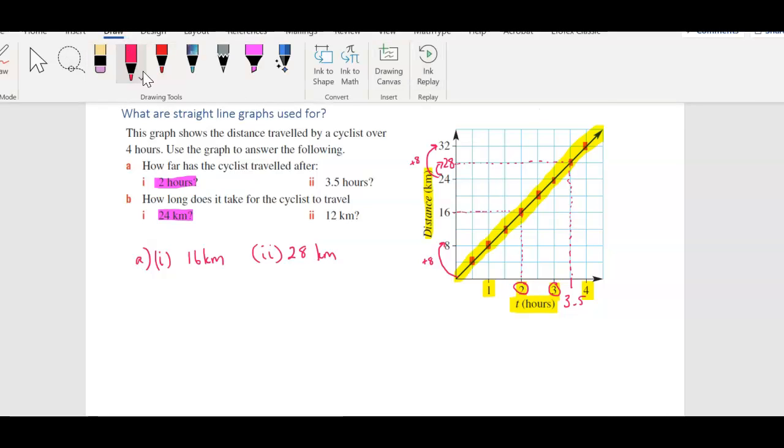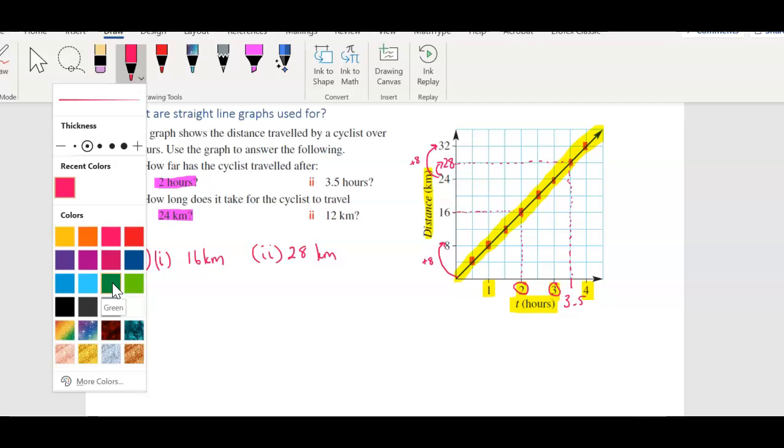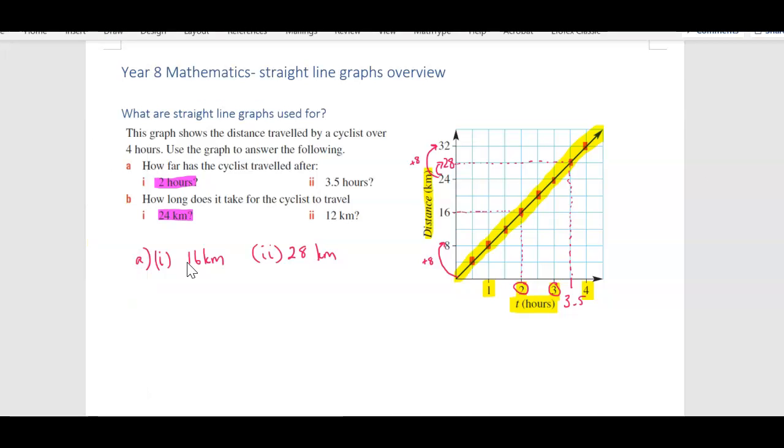I'll leave all that writing up, but I'll do it in a different color, green. So we find 24, which is here, and then we go across till we hit our line, and then we go down, and we can see it's at 3 hours. So for question B, part 1, 24 kilometers is going to take 3 hours.